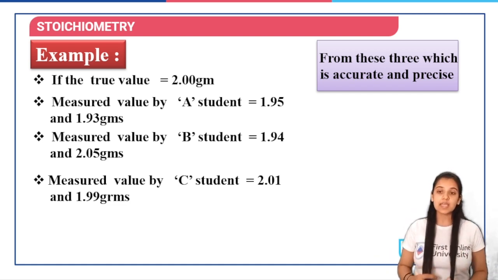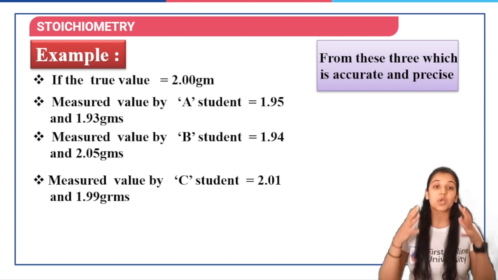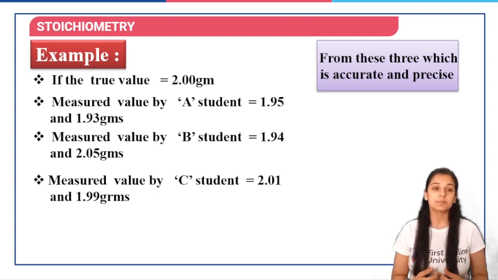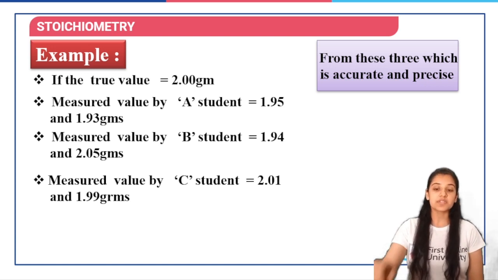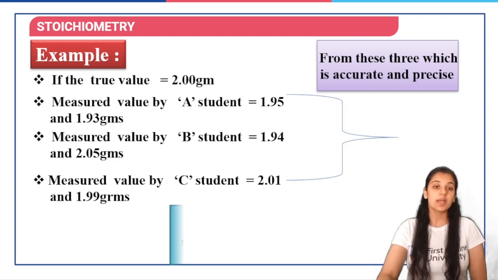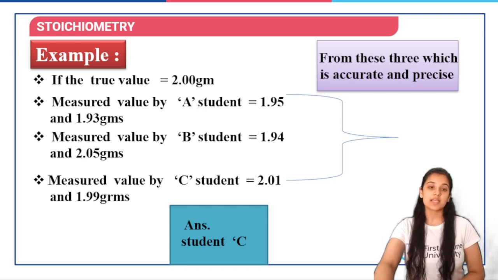So if we see that for student C, the values are the closest that we expect it to be. So by student A, it is nowhere, even precise or accurate. The answer is student C, which is both accurate as well as precise.